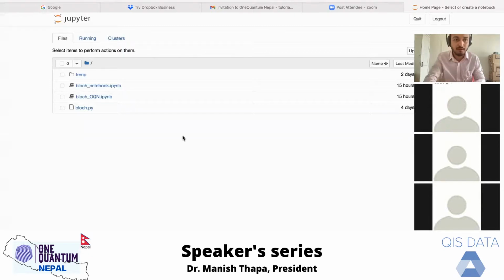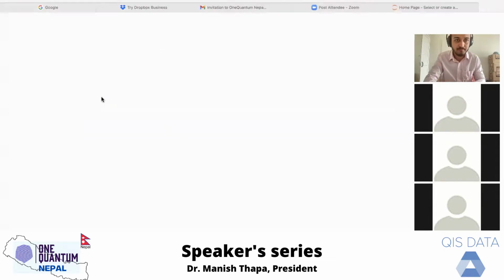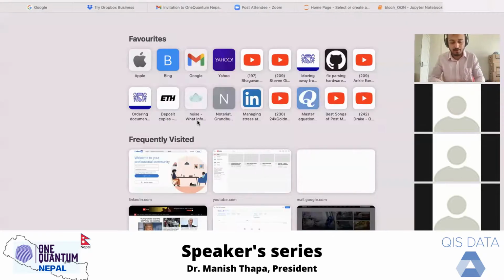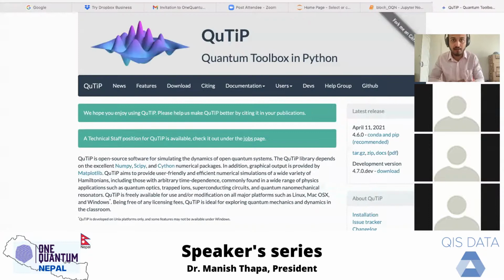So now have a look here. QuTiP is a library. If you use Python, you can just import it as a library, but first you need to install it. It's called QuTiP, it's very popular, and we use it all the time in our lab at my company.